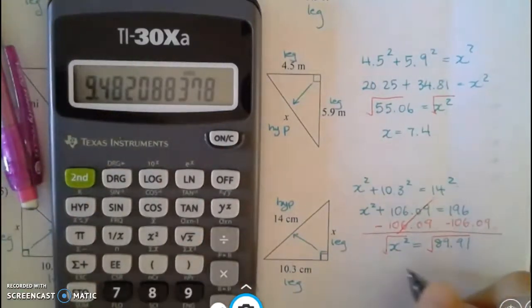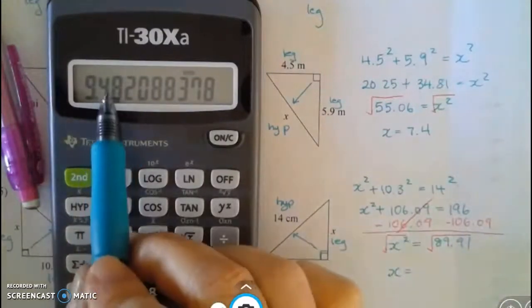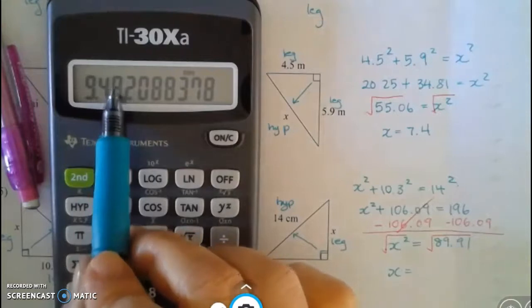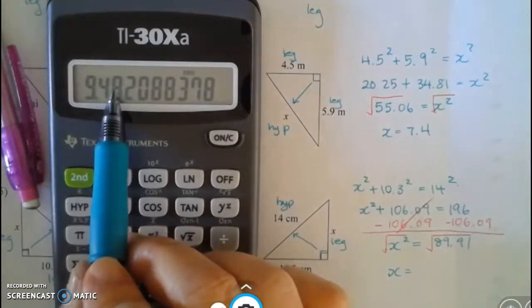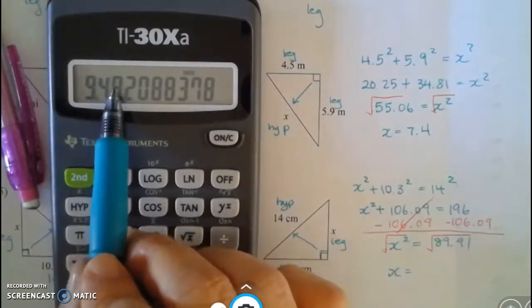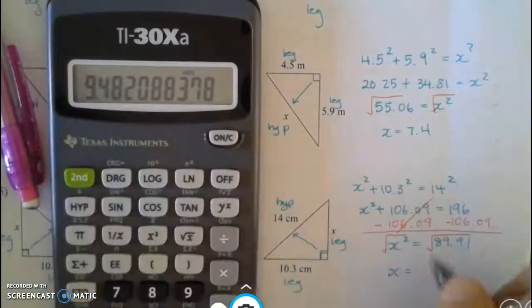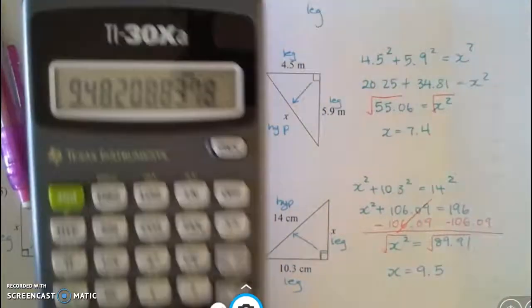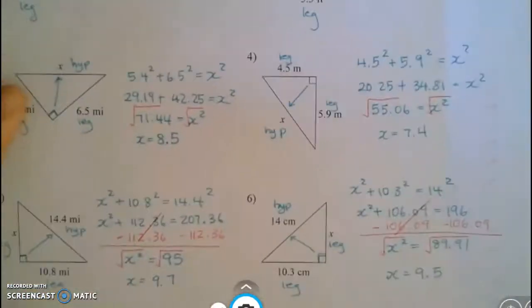And I get x is equal to 9.494. But notice that the 9 is a number bigger than 5, so I need to round this up. So it becomes 9.5. Alright, so that's Pythagorean theorem.